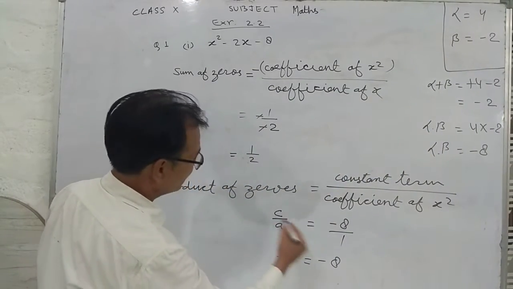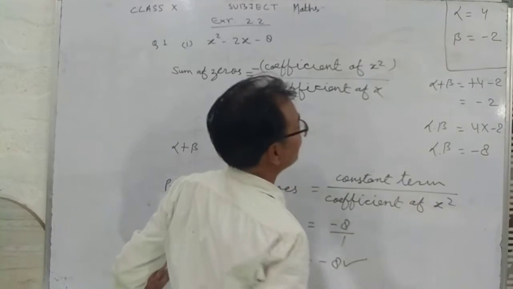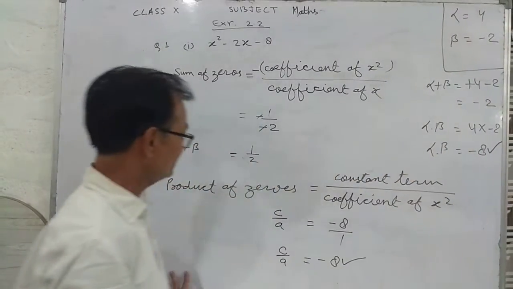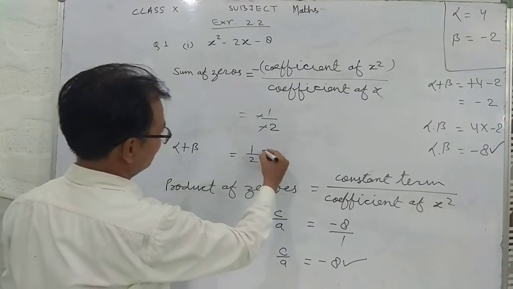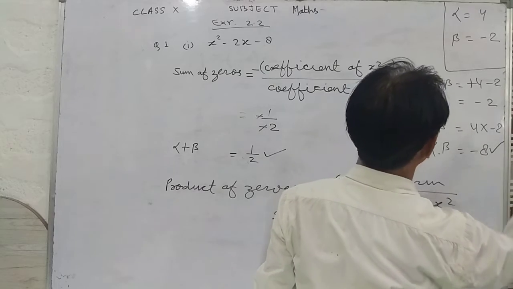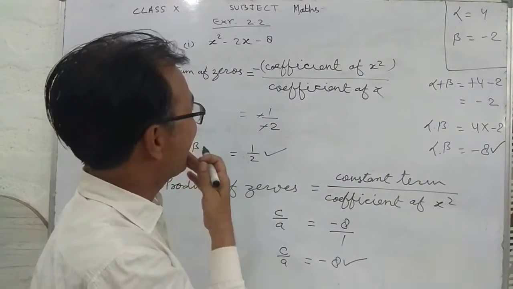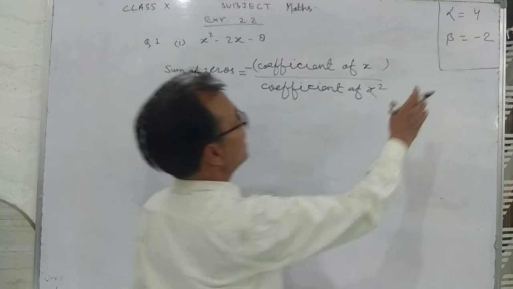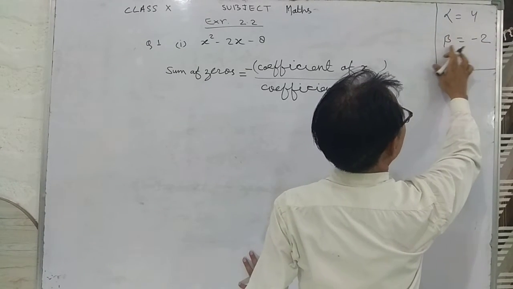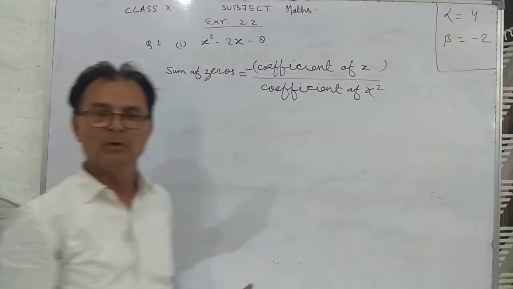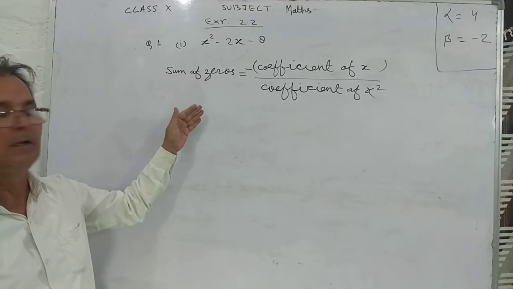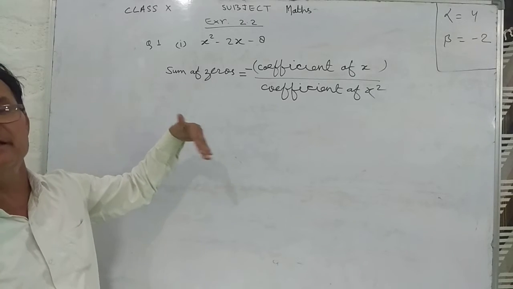Here we have the product of zeros minus 8, and here we have the product of zeros minus 8 as well. Yes, our zeros we got alpha as positive 4 and beta as negative 2. Now we have to verify the relation between coefficient and its zeros.